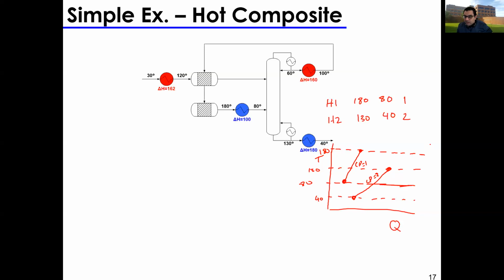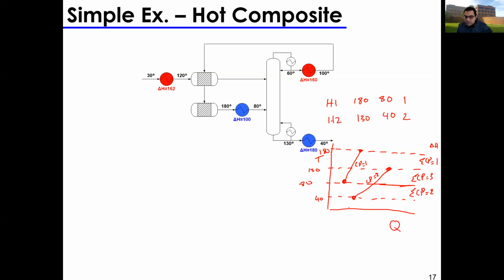So this is my delta H interval. So in my first interval, my delta T is 180 minus 130, and the summation of CP in this case is 1. In this interval, the summation of CP is equal to 3, and in this interval, the summation of CP is equal to 2.